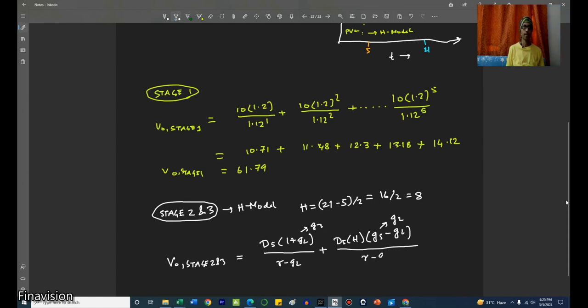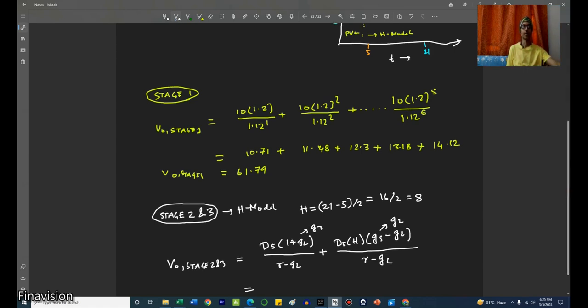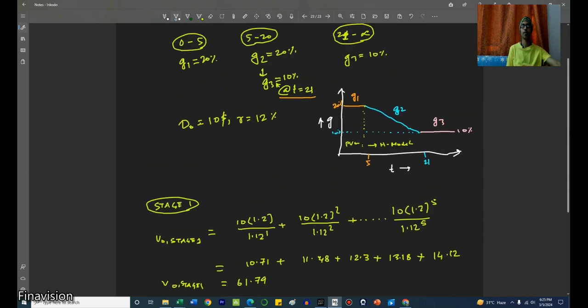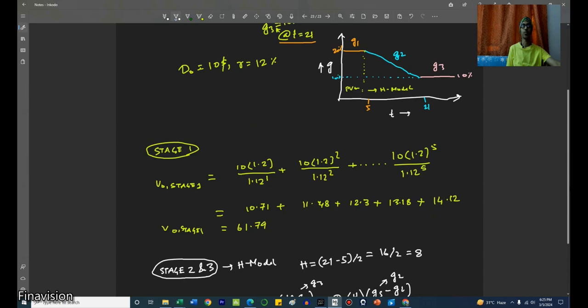So let us see what is G3, G2 and G3. G3 is 10%, G2 is 20%.